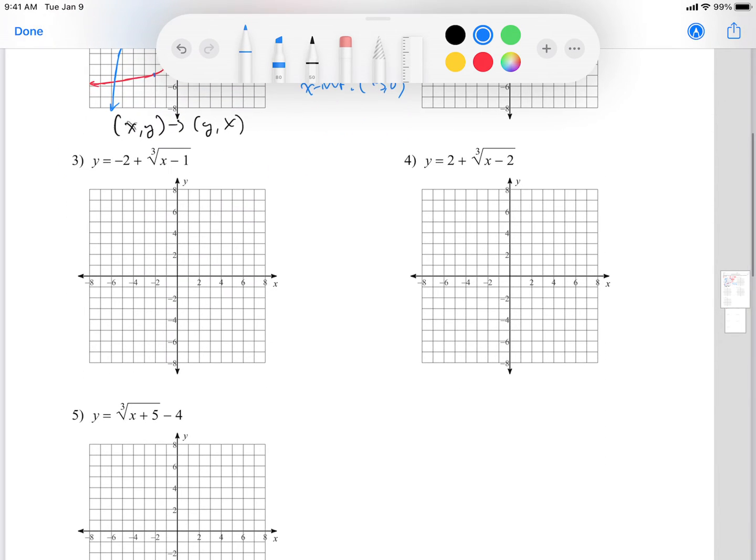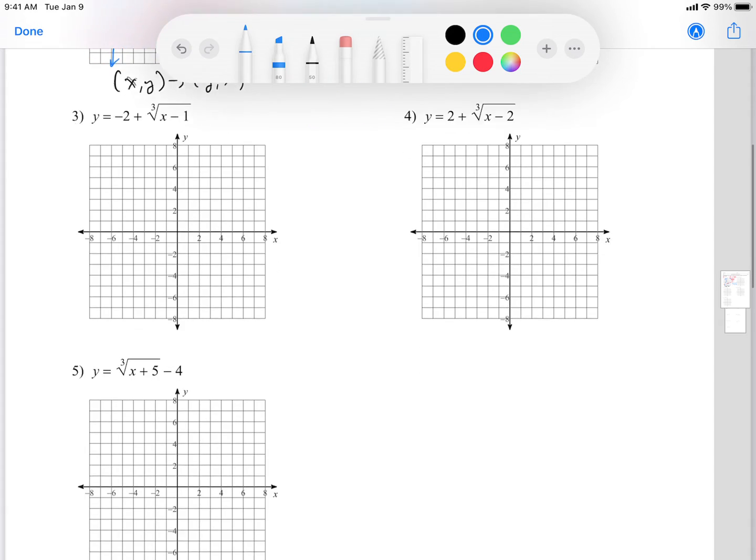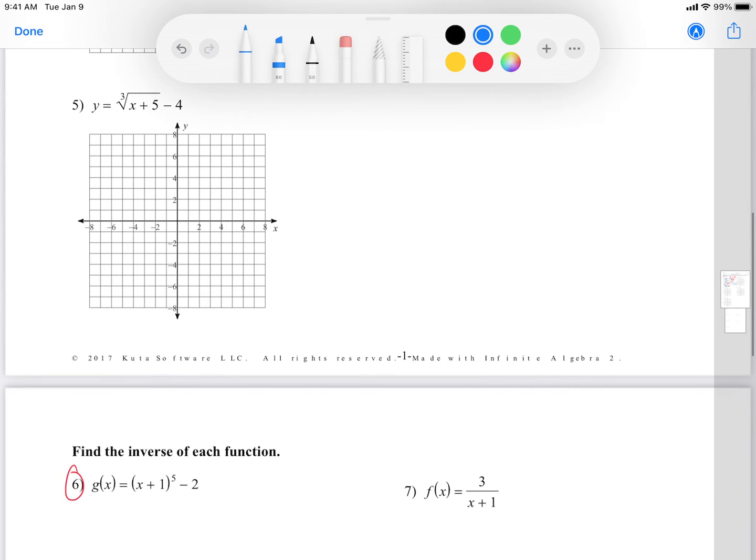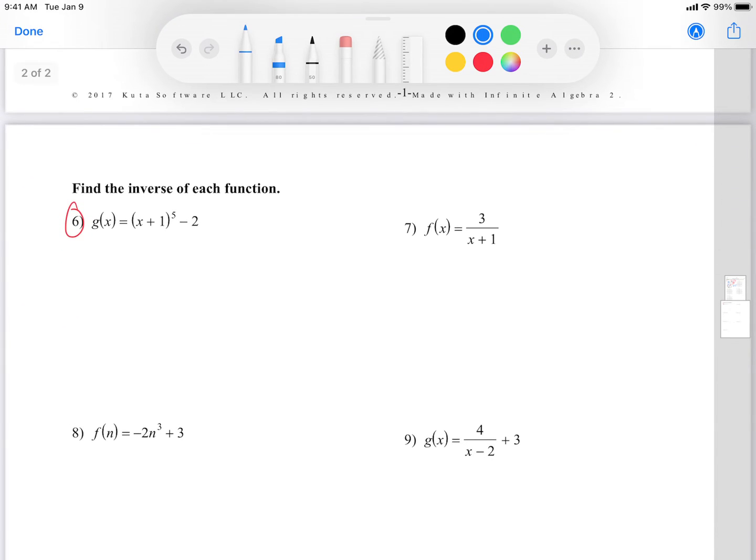The last problem. So again, I will be posting the solutions to all of these. Okay? The last problem. So now we want to find the inverse of each function. Okay? So again, this is something that we've kind of had to practice for. If I want to find the inverse, the very first thing I do is I write this as y is equal to x plus 1 to the 5th minus 2. Step 1, switch the x and the y's.